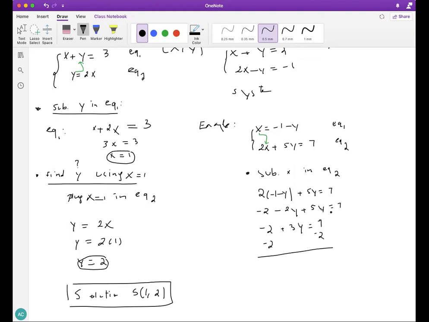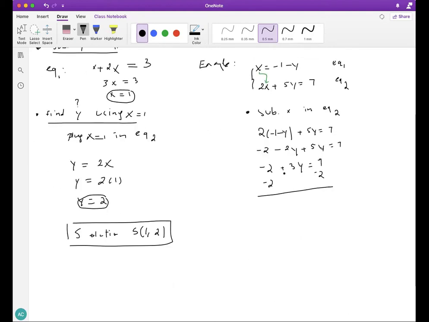We already know how to solve first degree equations. So these cancel out, 3y, and we have 5 here. Okay, so -2, 5, and finally, y is 5/3. We just solved for one of the variables.